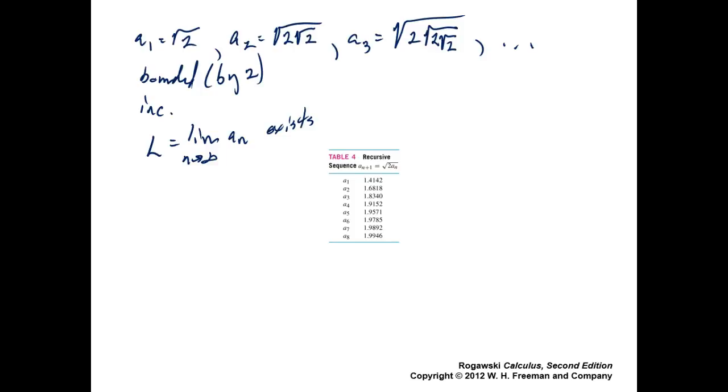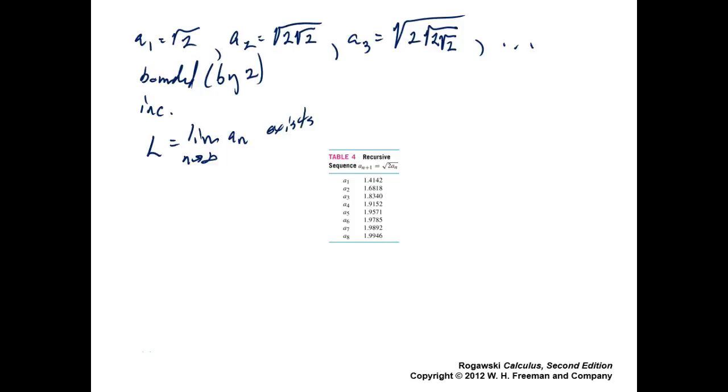Okay, we've shown it's bounded and we've shown that it's increasing. Here's the thing that's helpful, if you want to do a table like that: the square root of 2 is 1.4142.